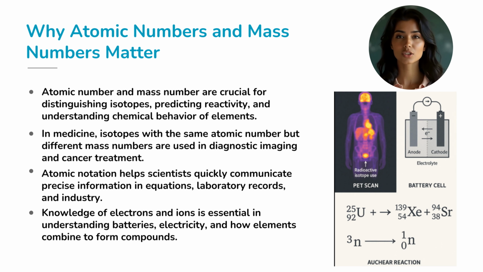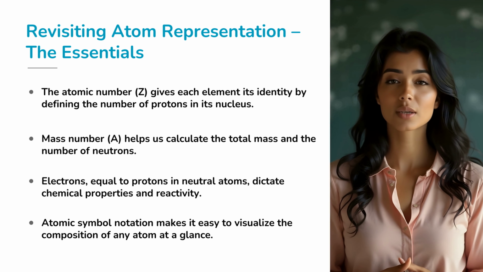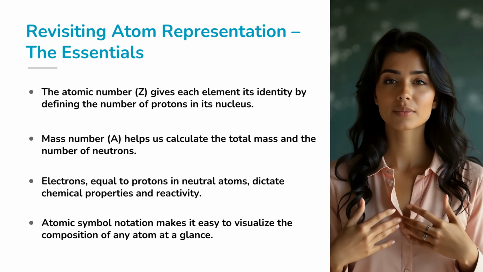In the world of technology, knowing how many electrons and ions an atom can have is crucial for designing batteries and understanding electricity. The language of chemistry, this atomic notation, allows scientists to communicate clearly whether they're balancing equations in the lab or designing industrial processes.